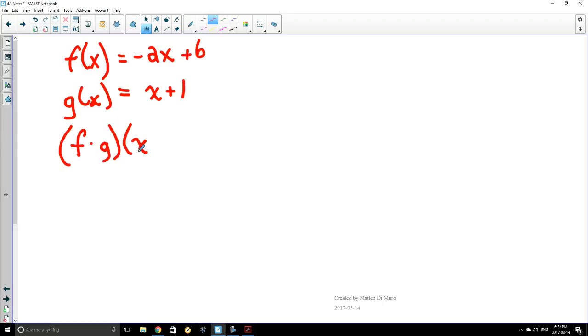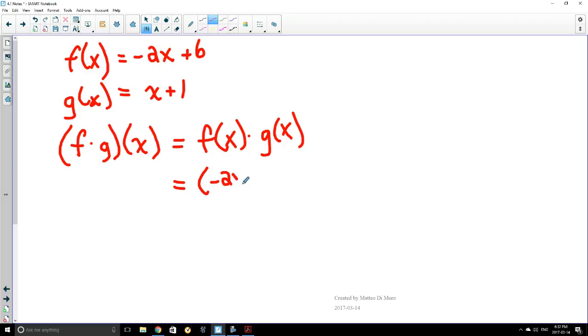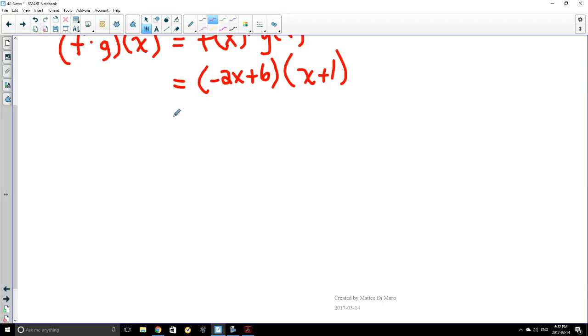Make a prediction here. My prediction would be that we're just going to multiply the y values for f of x times the y values for g of x. So if we plug in our functions, there's f of x, and g of x is x plus 1. Now, if you FOIL this out, I wonder what we're going to get. Let's see.